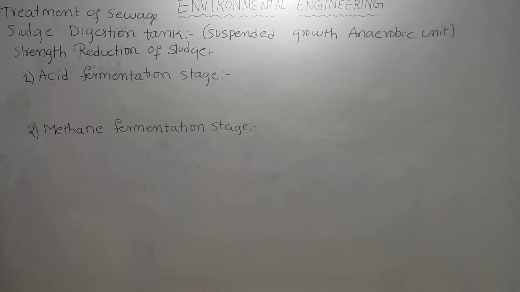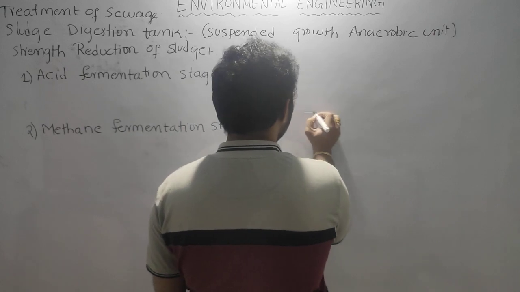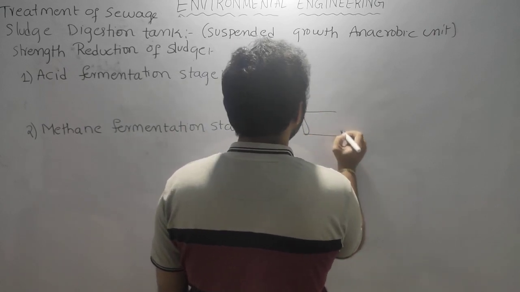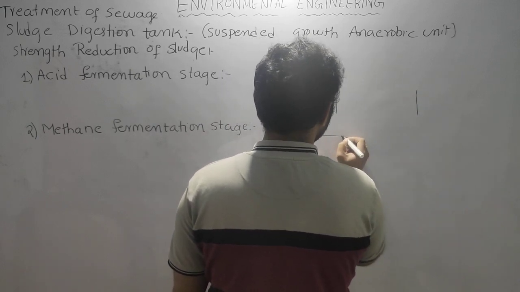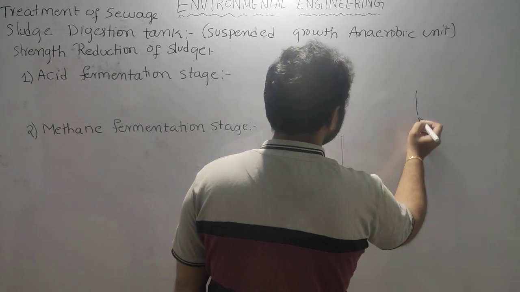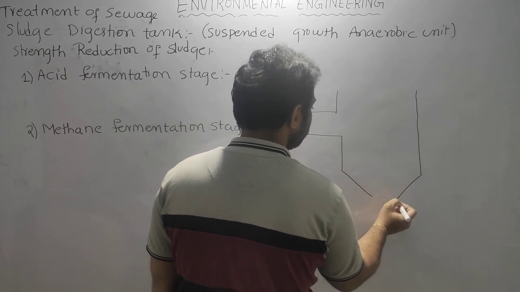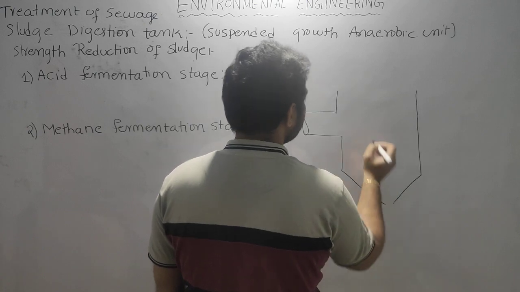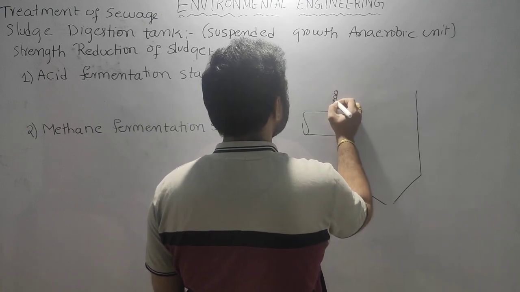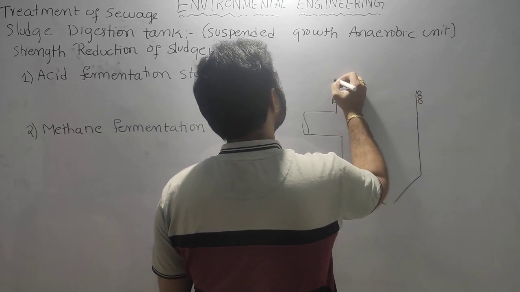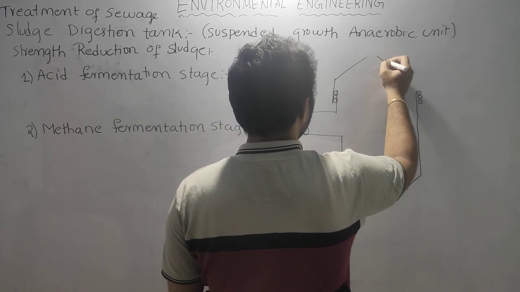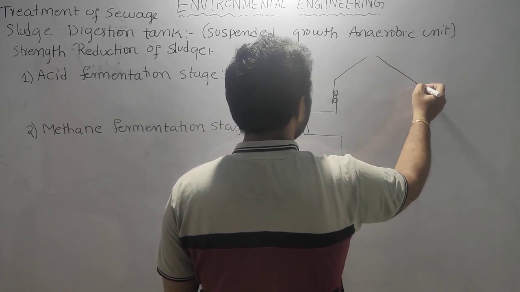Now, if you look at the sludge digester, it looks like this in a schematic diagram. This is the inlet. There will be a floating dome on the top, to safely send the gases out of the system.